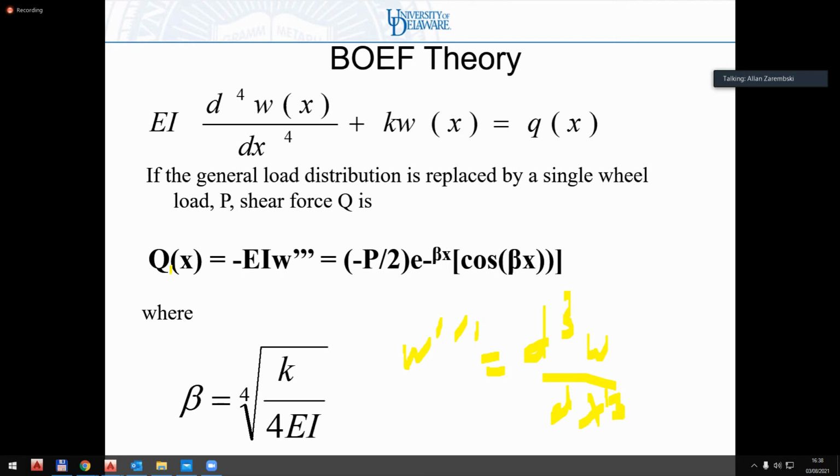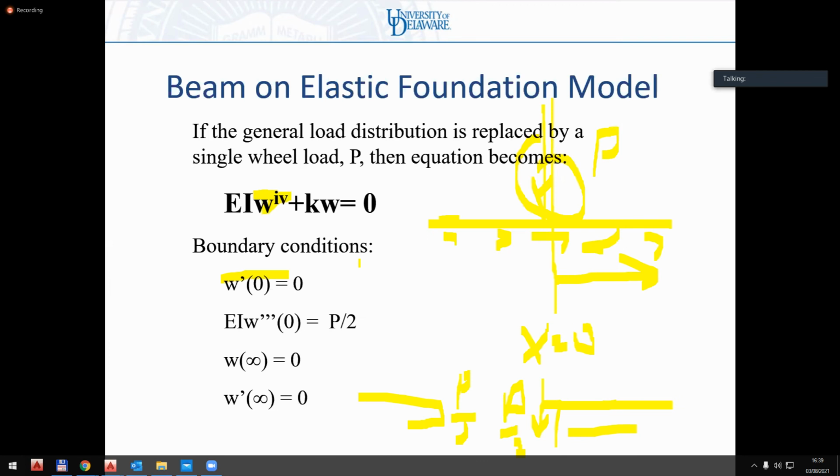But the shear force, which is the third derivative, is minus P over 2 e to the minus beta x cosine beta x. To check that everything works, the maximum shear force at x equals 0: this becomes 1, this becomes 1, and my shear force is minus P over 2, which, if you remember correctly, was our boundary condition.